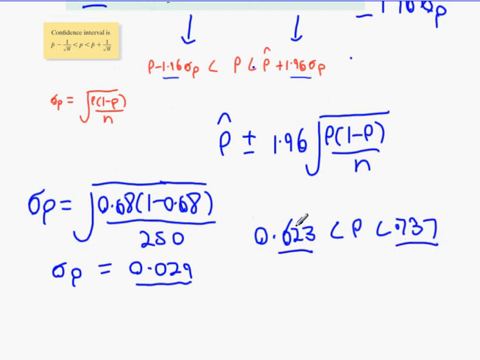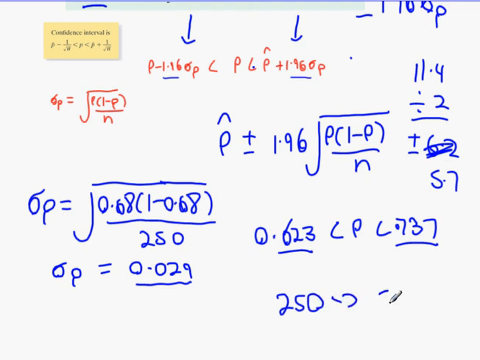So, guys, what's the difference there? You can see there's a difference of around 11.4, isn't there? 11.4 divided by 2 was plus or minus 5.7, right? 250 people got us a plus or minus 5.7.